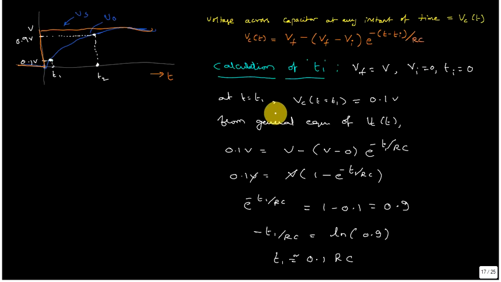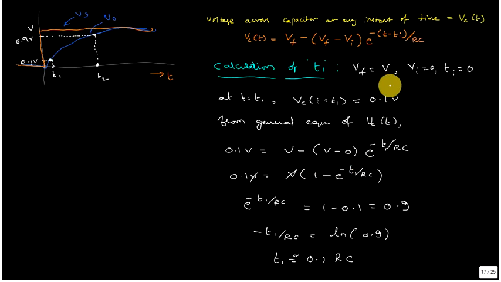Vf means the final value, that is the voltage across the capacitor at t equal to infinity. If you apply the input voltage for an infinite amount of time, definitely the capacitor will store that voltage.